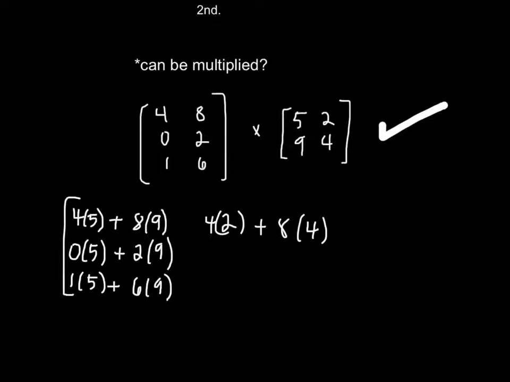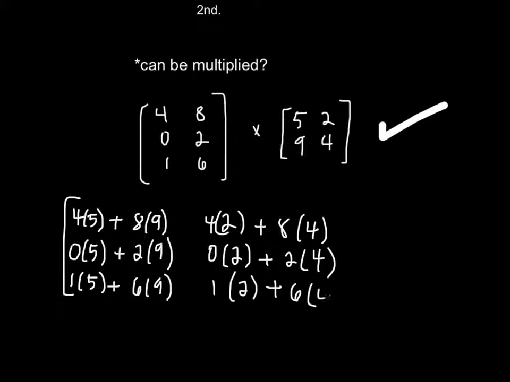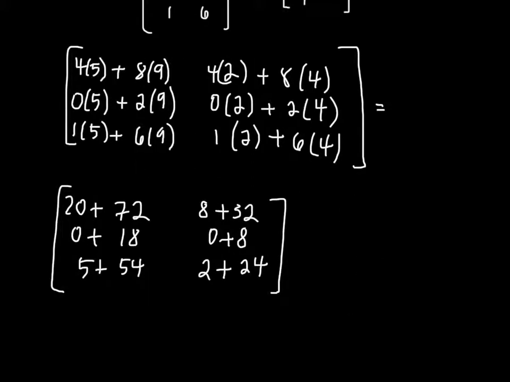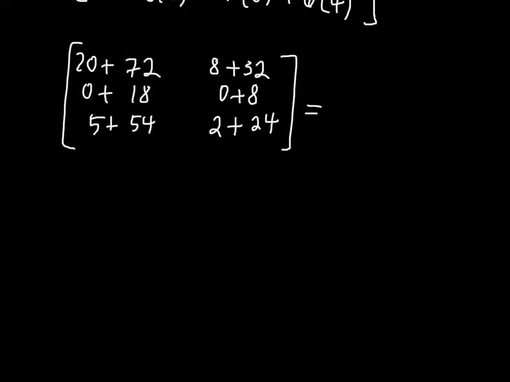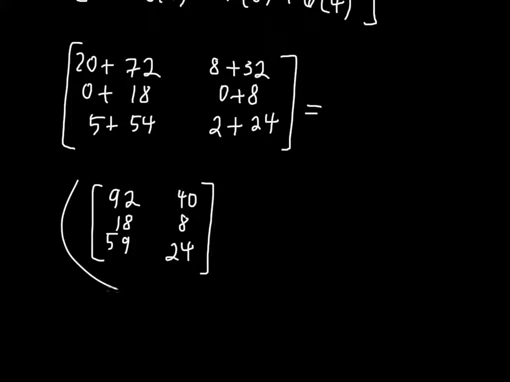So next we have 0 times 2 plus 2 times 4, and then 1 times 2 plus 6 times 4. And then we simplify. We've simplified the multiplication, and now we just need to keep simplifying. So next we are going to add these, and then finally we'll have our answer. And this is our final answer.